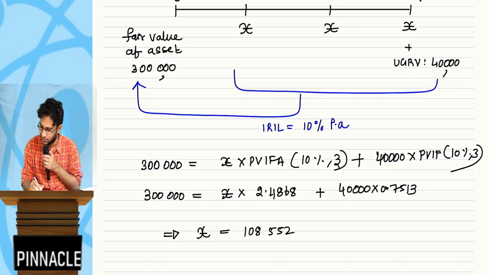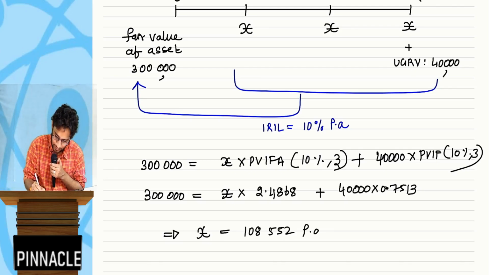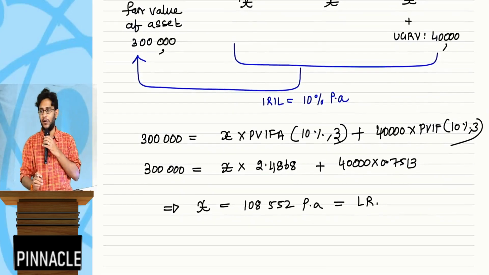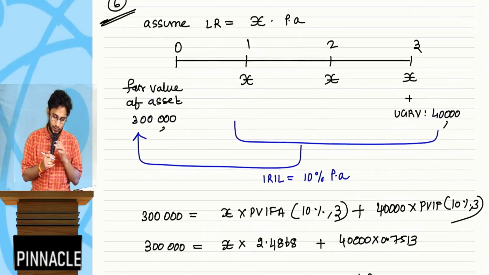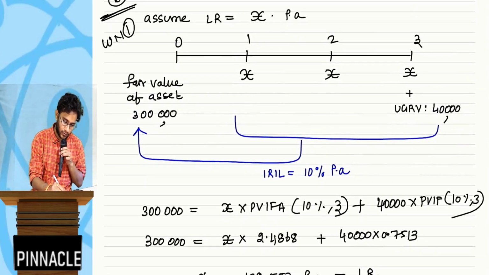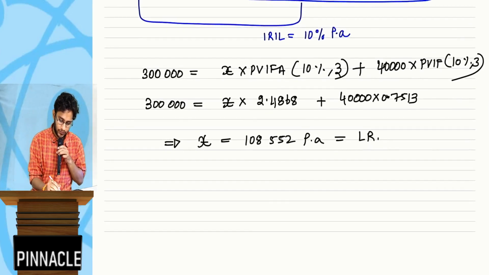If you give wrong answers like that, I'll get confused now. 1,08,552 per annum. This is your lease rent. Chalo sir, lease rent we got. The first basic working note is done.